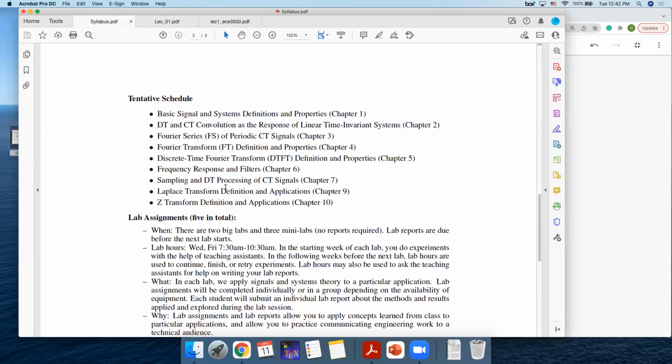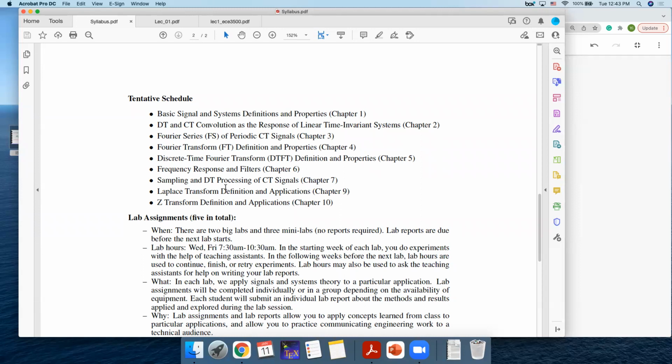Basically, I think we have 9 bullets here. Lecture 1 is the introduction lecture, but for lectures 2 to 10, I think each one will follow one of them. The first part is about signals. And then we talk about systems.